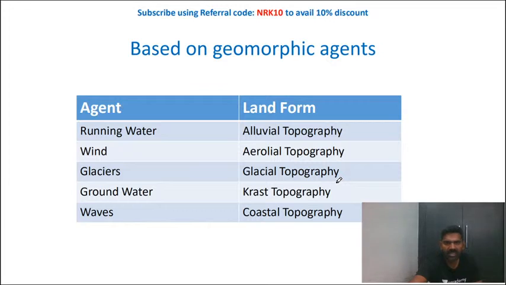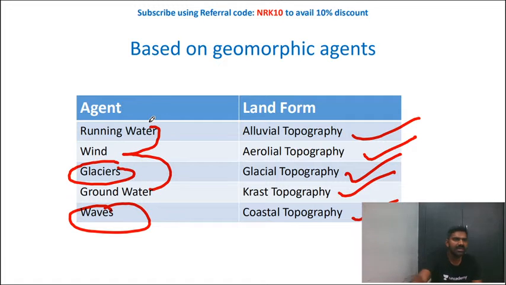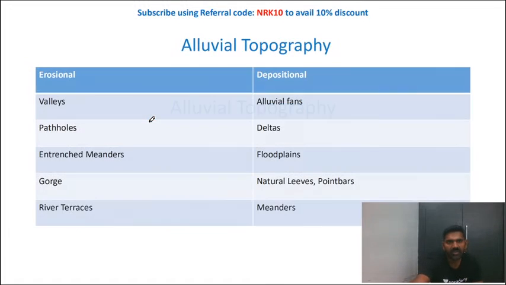First, we went on discussing all these things. So, alluvial topography, aeolian topography, glacial topography, karst topography, coastal topography. Right now, we have discussed glacial topography, we discussed coastal topography, and we'll see the remaining three topographies. First, alluvial topography. I told you that running water is nothing but rivers.